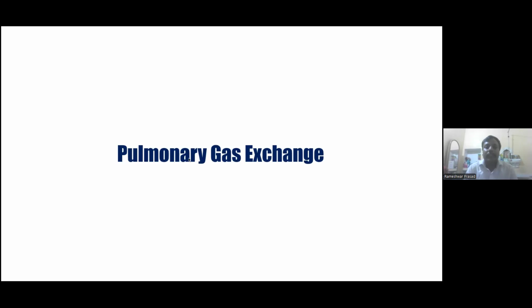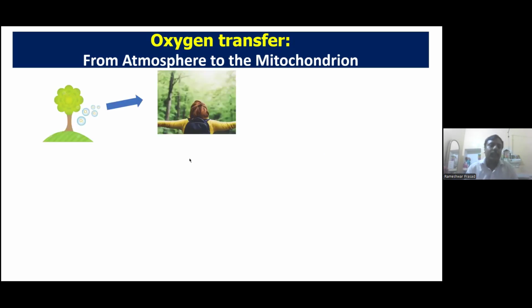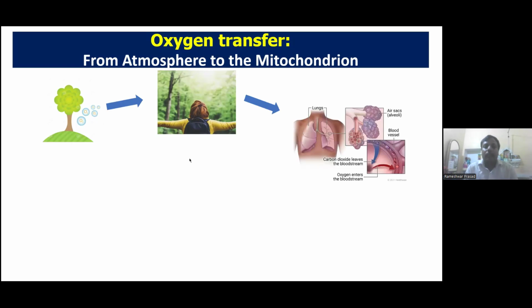First thing is pulmonary gas exchange. The oxygen has to travel from atmosphere to mitochondria. How does this happen? We breathe from the atmosphere. From there, oxygen goes inside the lung by way of ventilation, through the nose, upper respiratory tract, lower respiratory tract up to the terminal bronchus, and then it enters the alveoli, where gas exchange happens.